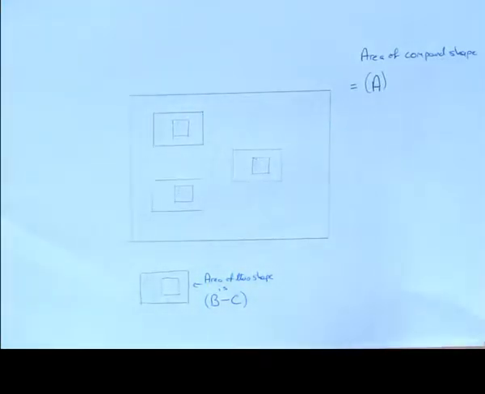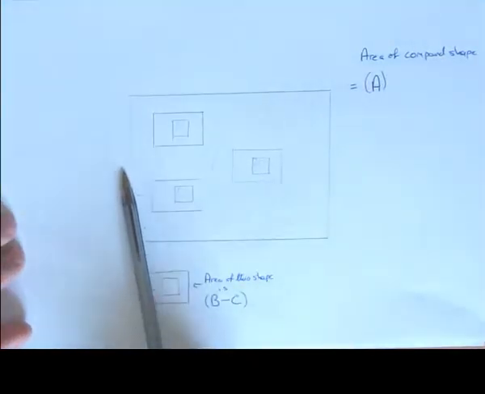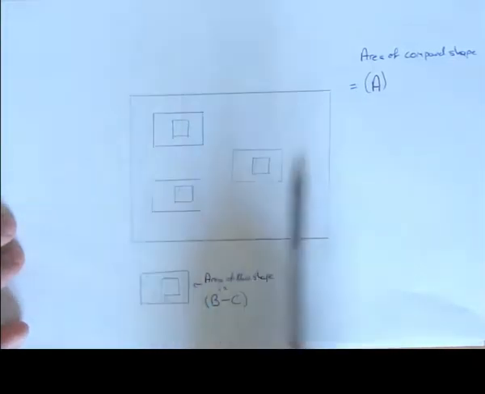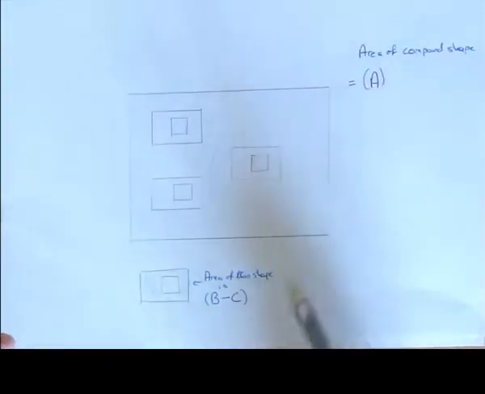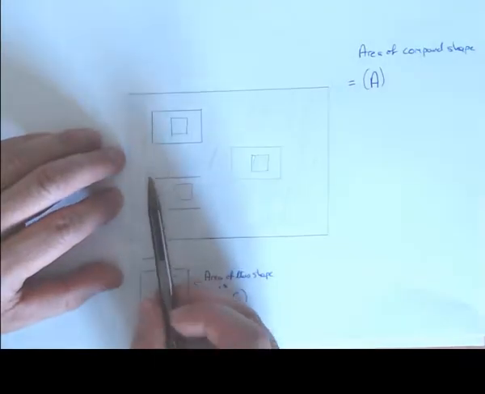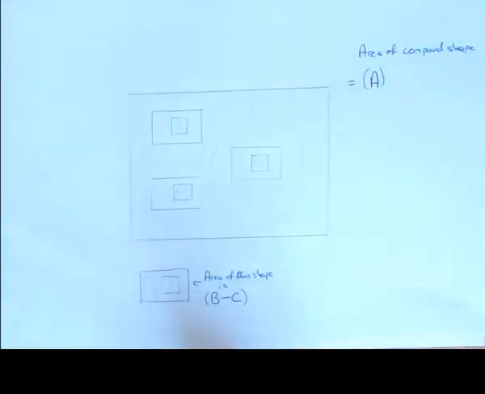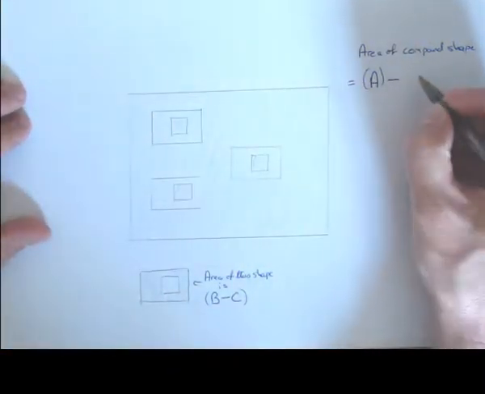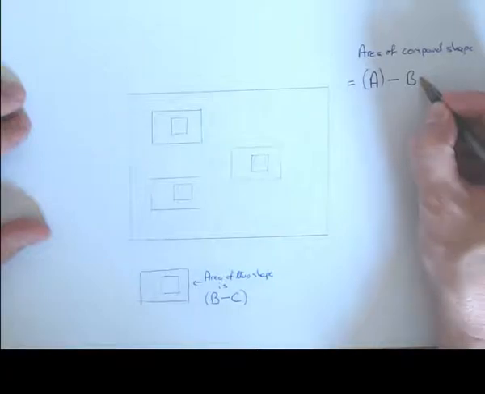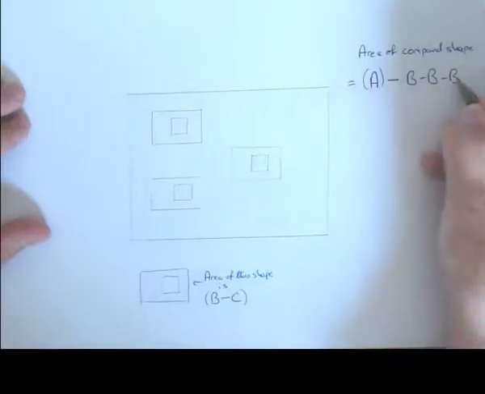So we know that to find the area of the shaded shape, we're going to have the big rectangle. So the area of our compound shape is going to be the big rectangle. We're going to take away, so this is the idea of removing pieces from area. So we have the area A, we're going to take away B. We're going to do that 3 times.